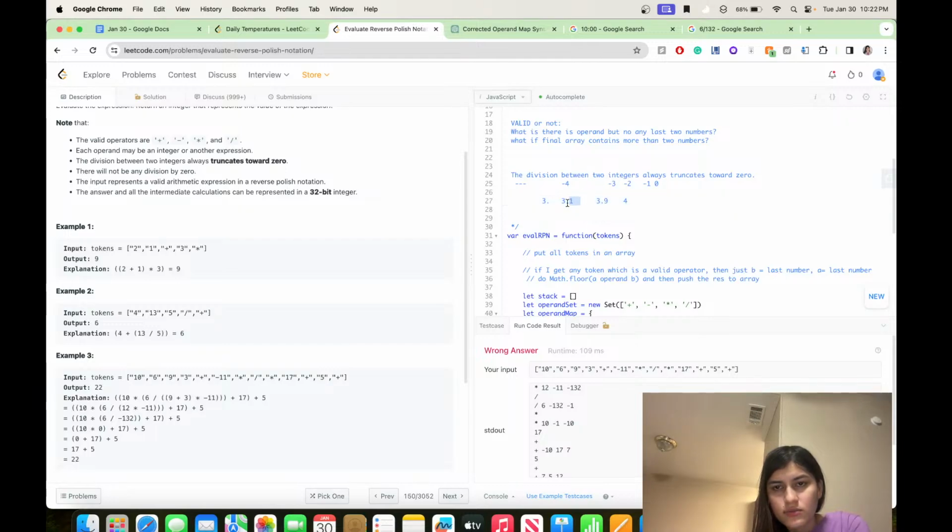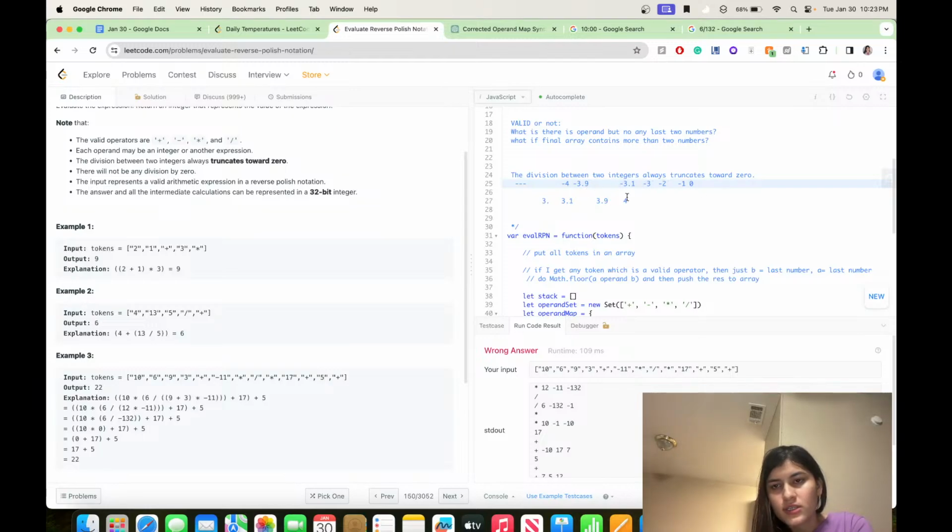So it will be 3, and here it will be minus, so it should decrease, right? Minus 3.9 and minus 3.1 at last.